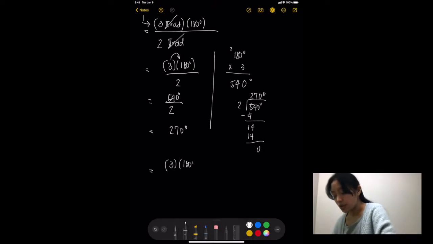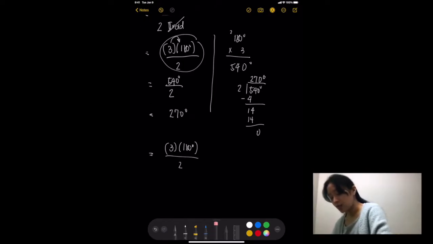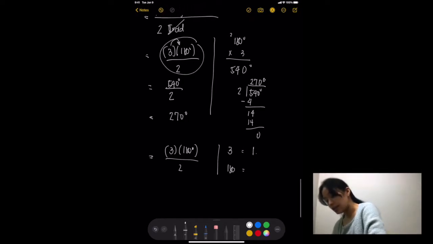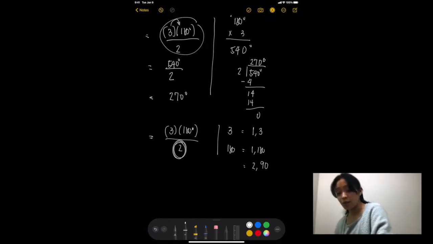Or I can also do this. So let's come back here to this line. 3 times 180 degrees divided by 2. Okay, so between 3 and 180 degrees, which do you think has a factor of 2? So I can list down the factors of 3 and 180. So the factors of 3 are just 1 and 3. As for 180, it could be 1 and 180, but we're actually looking for the counterpart if we divide it by 2.